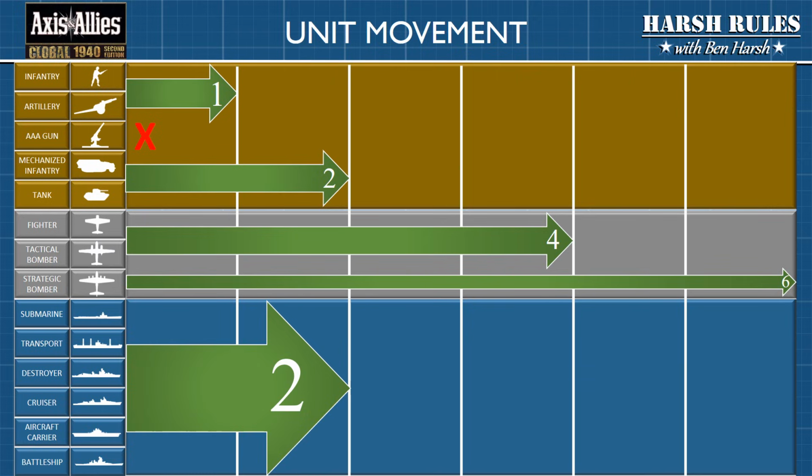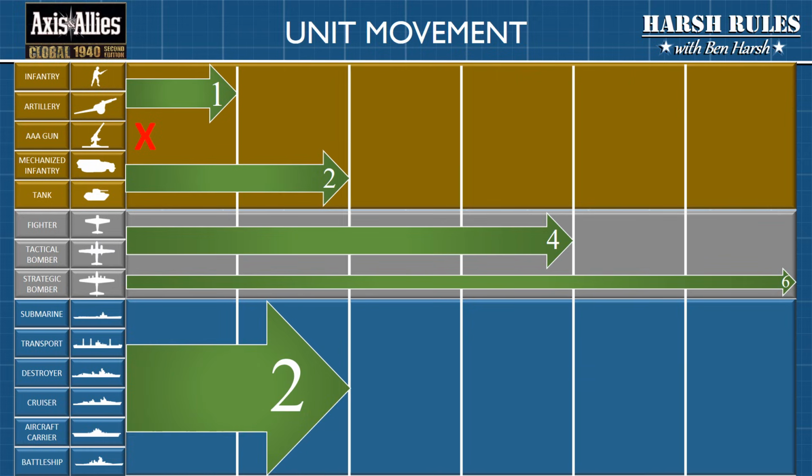Other than that exception, the movement rules themselves are fairly straightforward. Land units can either move 1 or 2 territories per turn. Air units such as tactical bombers and fighters can fly over 4 territories or sea zones, while strategic bombers have a range of 6. With the aid of an air base, all air unit ranges are increased by 1.